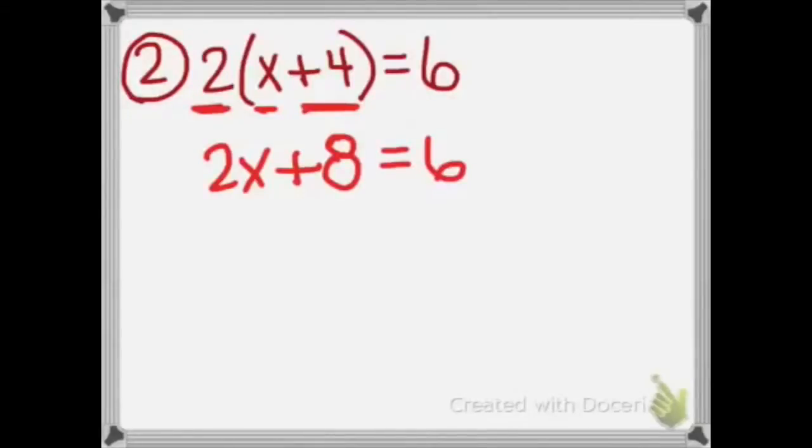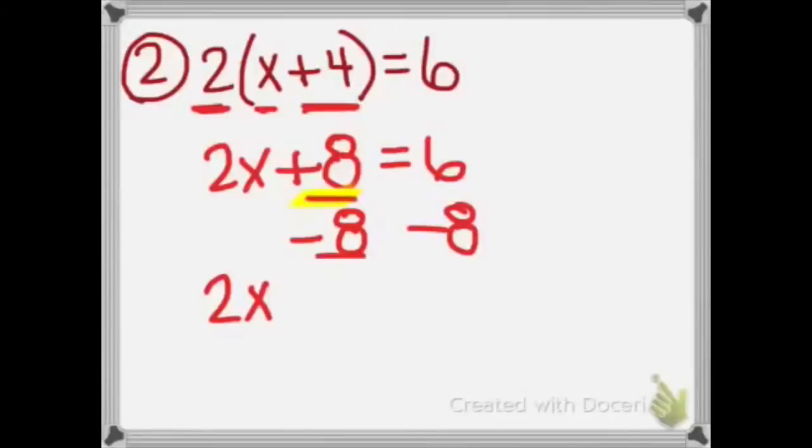We don't have any large fractions to get rid of. Step 3 says add or subtract the term without the variable, which is this positive 8. So we are going to do the opposite, which is minus 8 on both sides. 2x plus 8 minus 8 is 0 equals 6 minus 8 is negative 2.